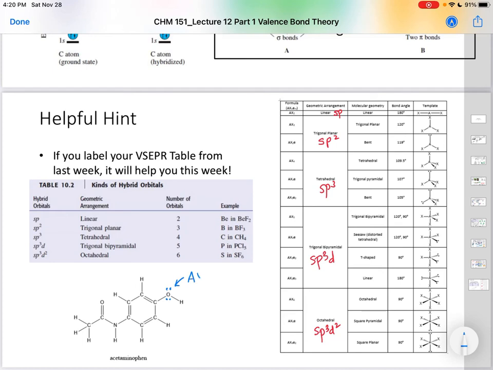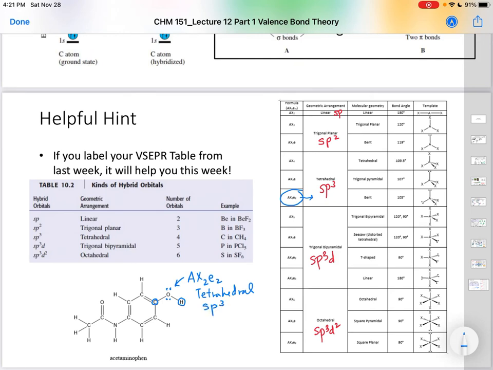So this would be AX2E2, right? It's AX2 because there are 2 atoms attached, and it's E2 because there are 2 lone pairs. So AX2E2 is here. The geometric arrangement would be tetrahedral, and the hybridization would be sp3.